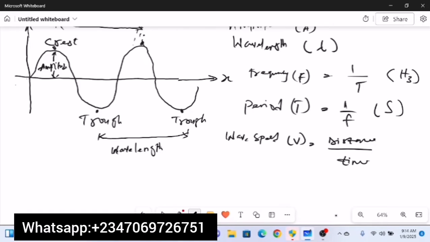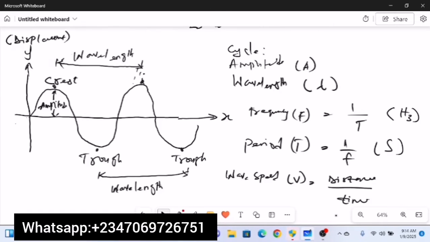Now, the distance traveled by the wave, or the distance required to make one complete revolution, is called wavelength. We said that earlier. So this simply means that our distance here is our wavelength. So we simply have wavelength all over time.